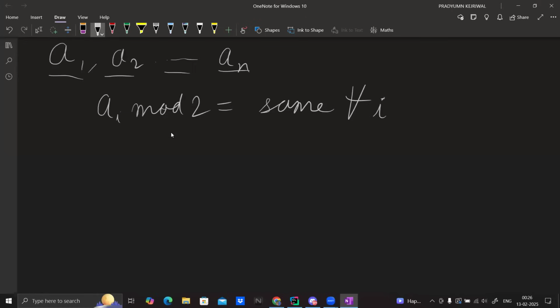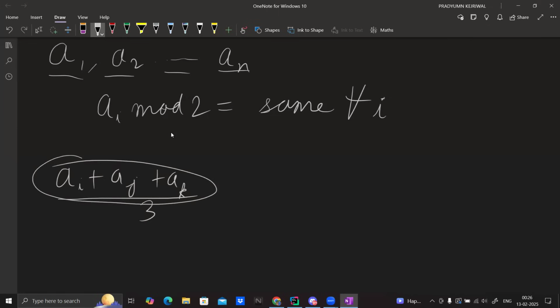Now let's say we try length 3. So what will happen? It's like A_i plus A_j plus A_k divided by 3. So what I want is A_i plus A_j plus A_k to be a multiple of 3, right?